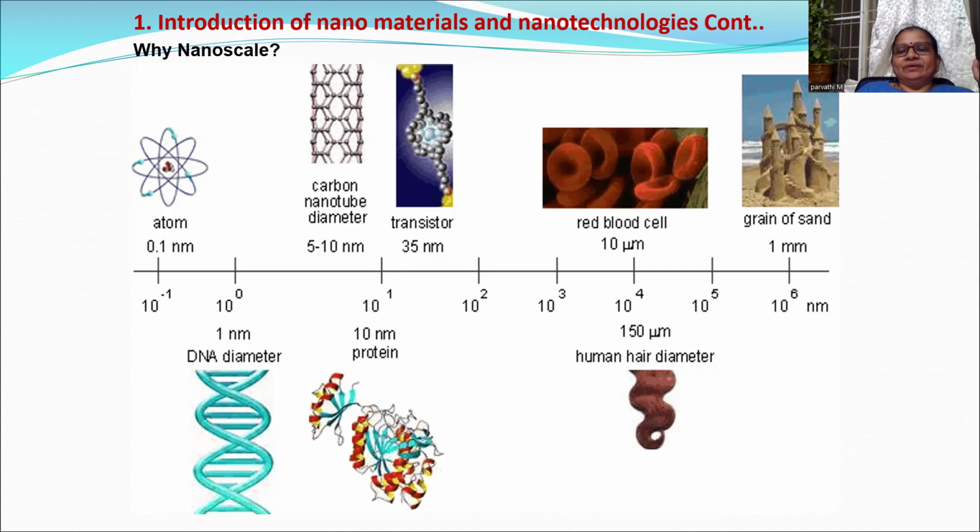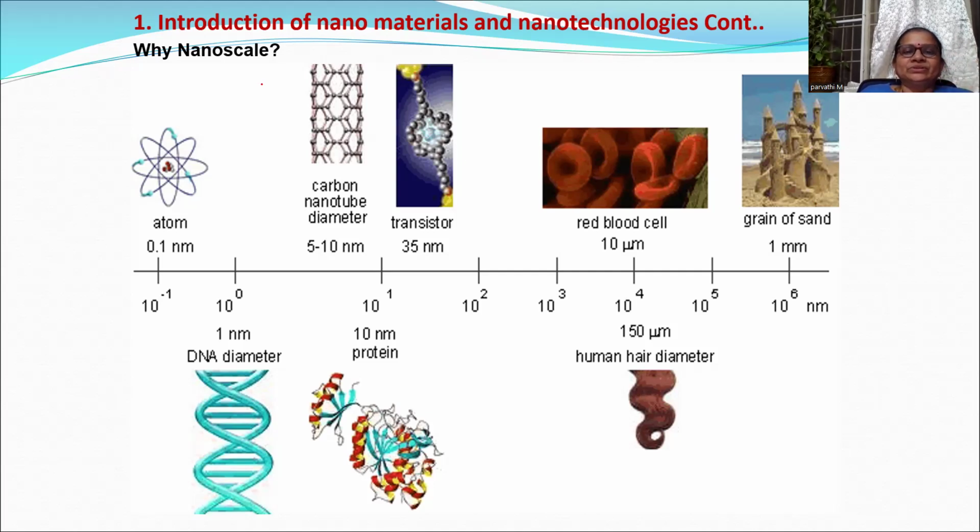Similarly, human hair is of diameter 150 micrometer. The grain of sand, a small particle of sand, is of 1 mm. Within the human blood, a red blood cell is of size 10 micrometer. And the transistor, the one used in ICs and all, is of size 35 nanometer length.